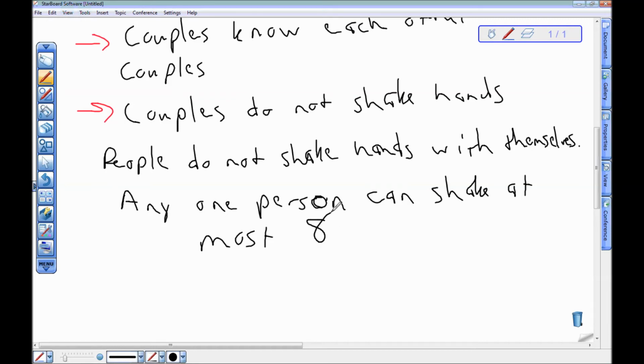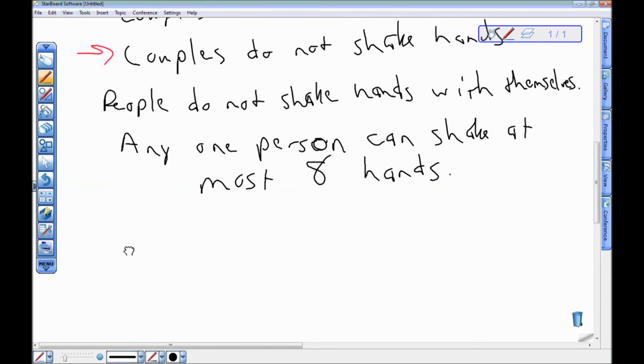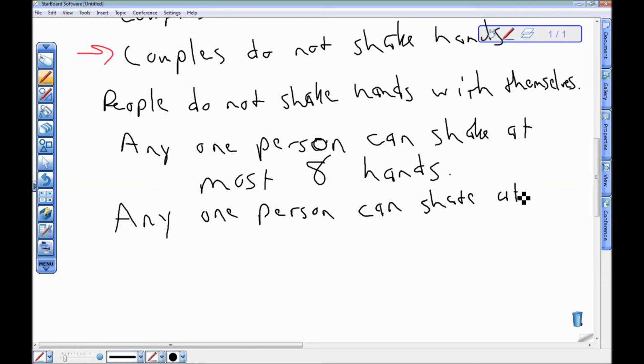So any one person can shake at most 8 hands. And any one person can shake at the least 0 hands. I can't shake less than 0 hands.